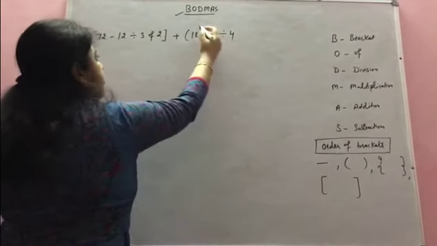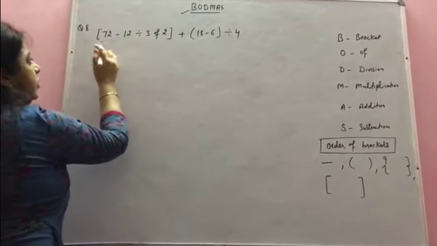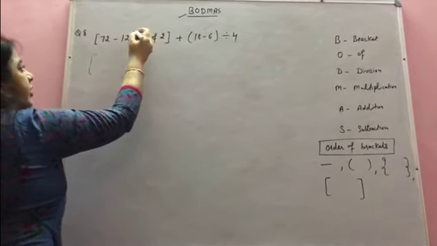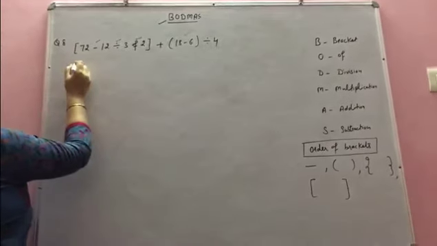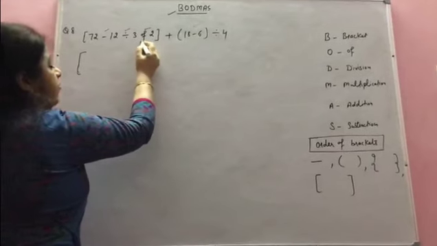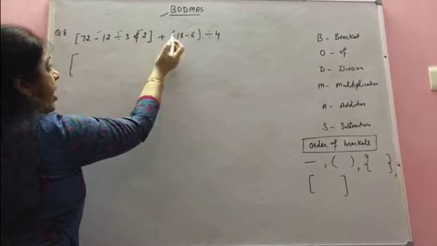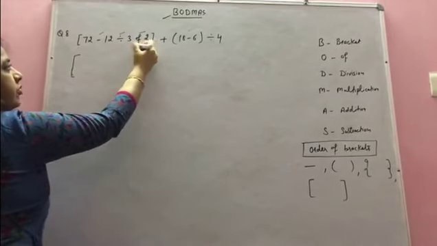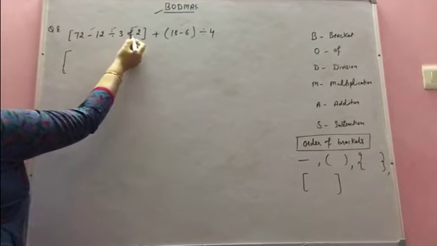According to the sequence we will solve this first, but this is not linked with this side by side, so we can solve this also. So in this bracket, we have division, of and minus. Of means it's a multiplication operation. So if we have of and multiply, we will solve of first. So division, of and subtraction, we will solve of first.